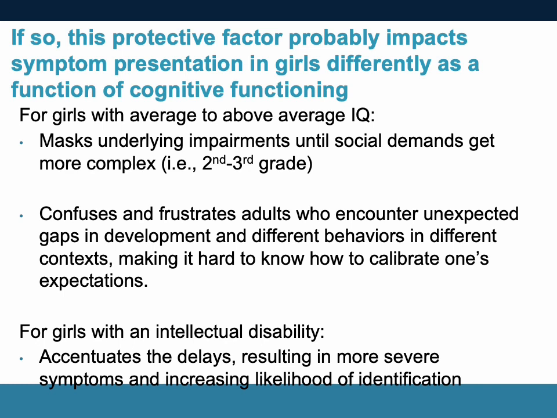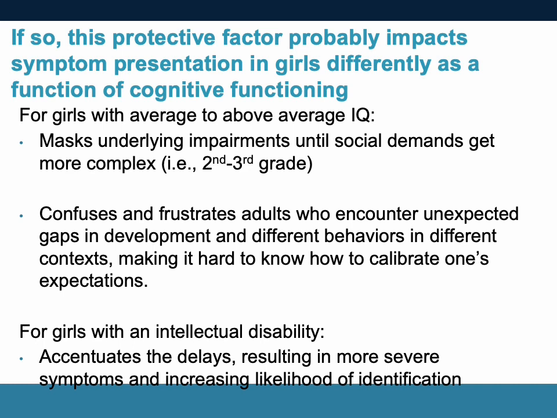So this biological protective factor could lead to an increasing likelihood of girls with average to above average IQ masking their impairments somehow, which is very likely to confuse and frustrate adults who are going to see gaps in development they didn't expect, who might see more problems from third grade on than they ever anticipated, and who may notice and report different behaviors in different contexts.